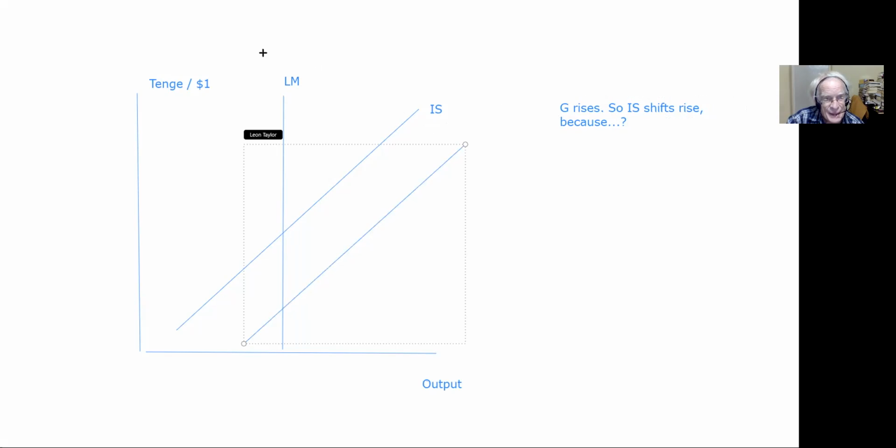Output equals consumption plus... Just good that you're correct that output rises, what does that connote? Then a shift to the right of the IS curve.